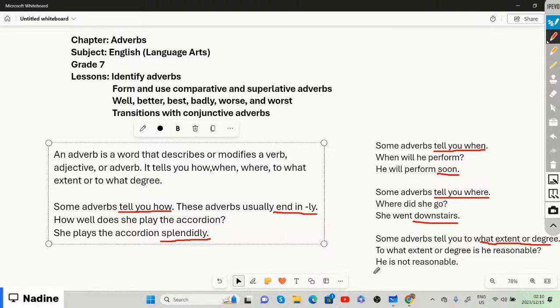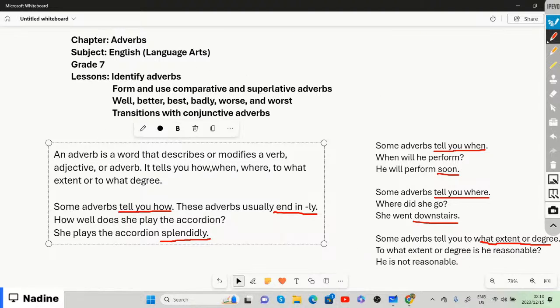We need to identify the adverb, and to do that you can ask yourself, to what extent or to what degree is he reasonable? He is not reasonable.